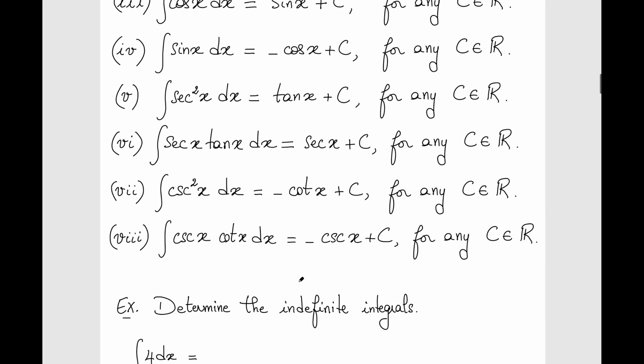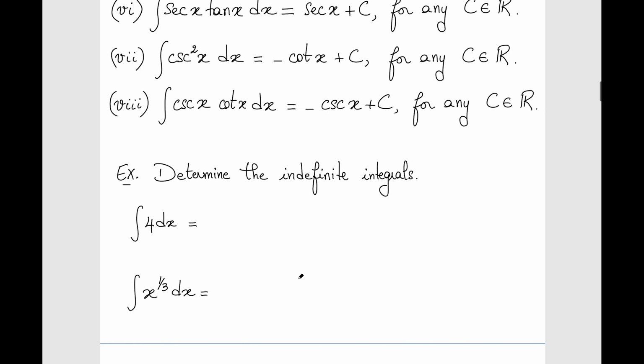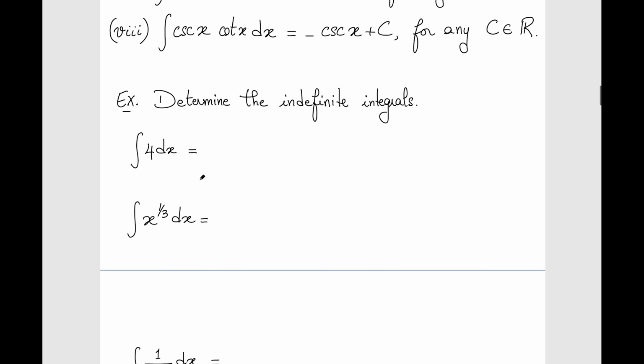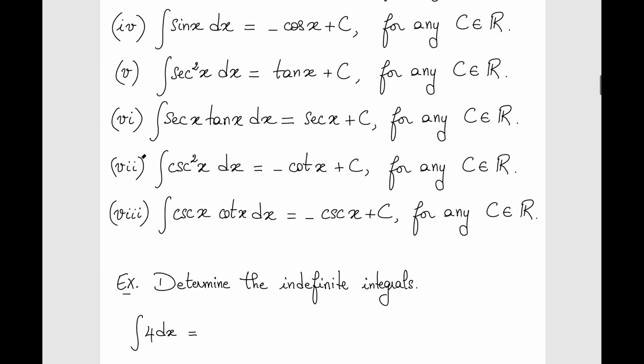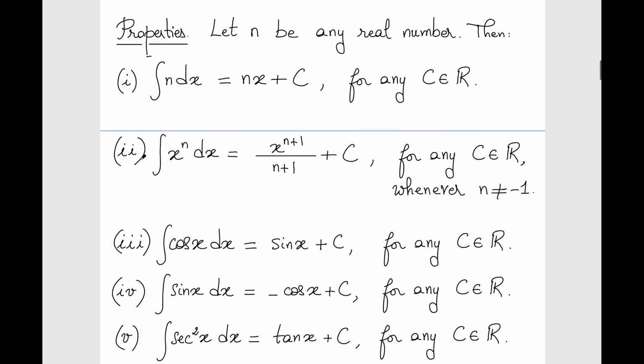Okay, all right, let's start by doing some problems. Let me start with the primitive of 4 dx. Well, 4 is a pure constant. If you take a look at the first property here, who's n in my context? That's going to be 4.